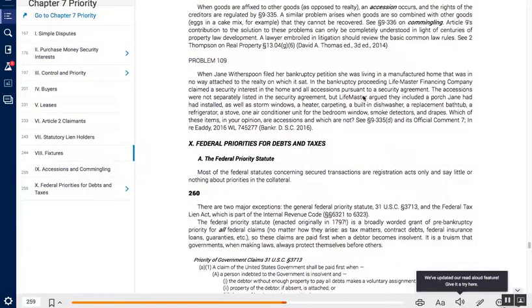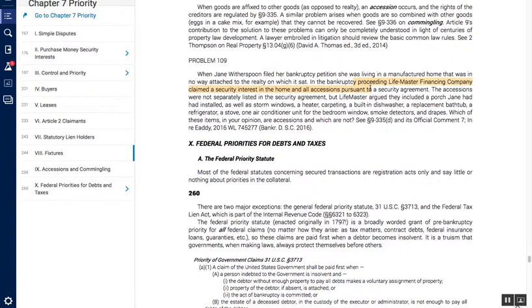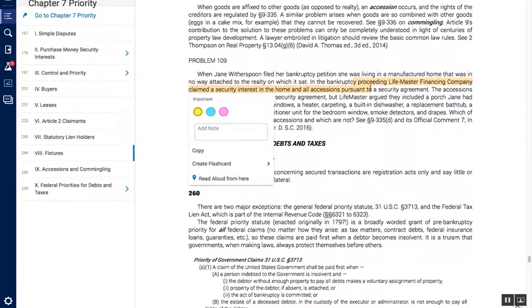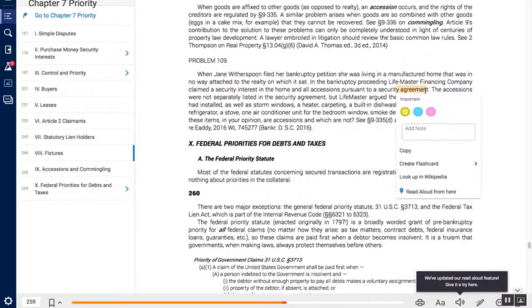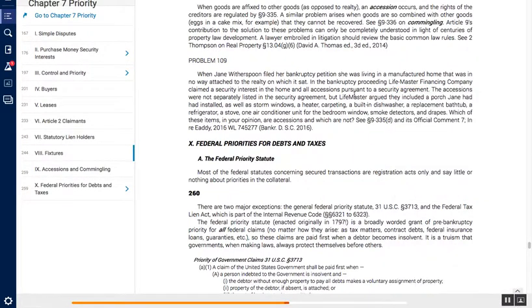Anyway, poor Jane has gone bankrupt. And in the bankruptcy proceeding, LifeMaster Financing Company claimed a security interest in the home and all accessions pursuant to a security agreement. So obviously she had borrowed money from LifeMaster Financing Company and granted them a security interest in this mobile home and all accessions.